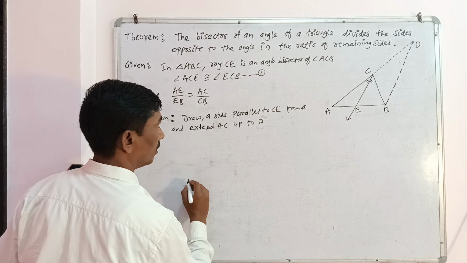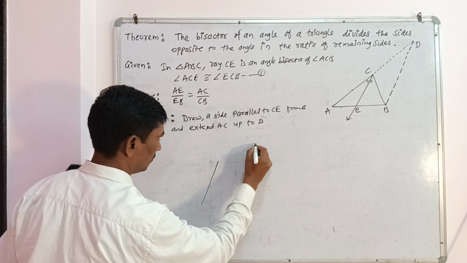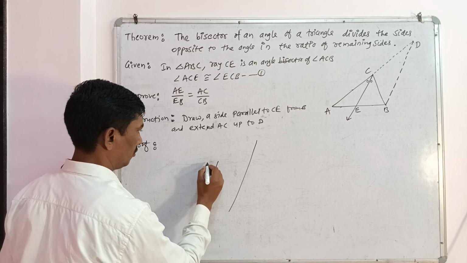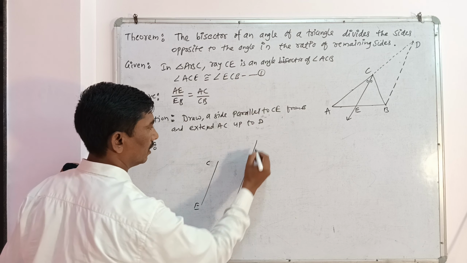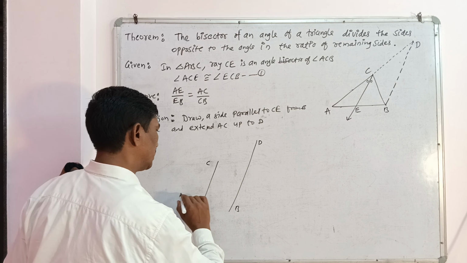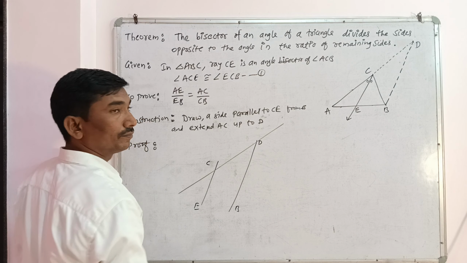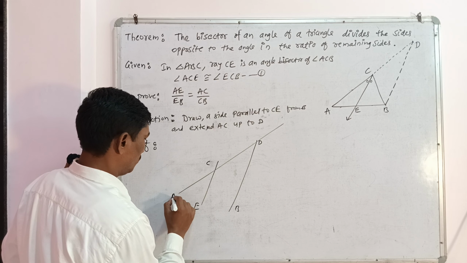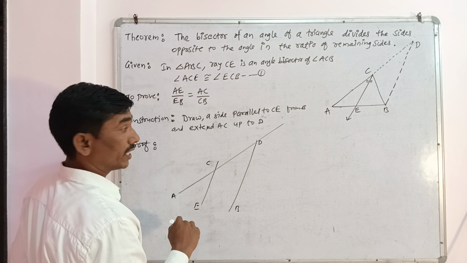See, these two are parallel. One of these is CE and another one is BD or DB. And if you take this as transversal, which is AD or AC, extended AC.